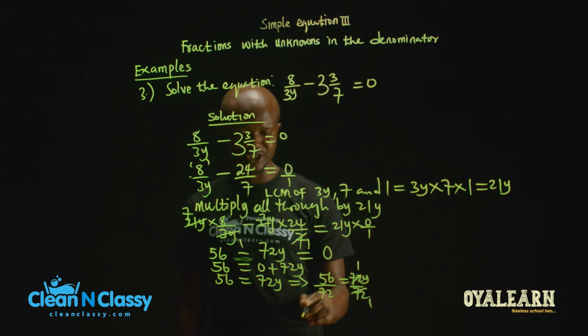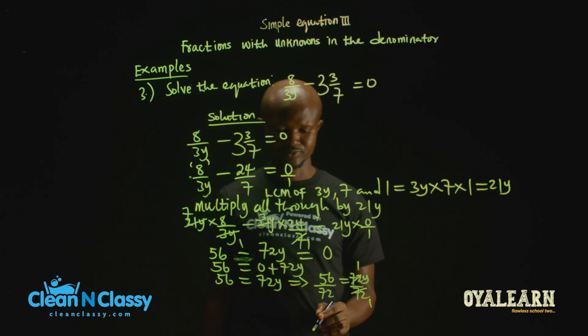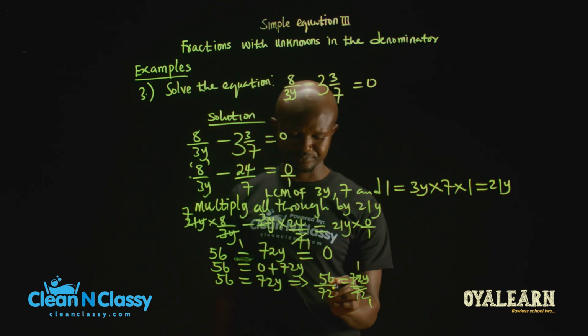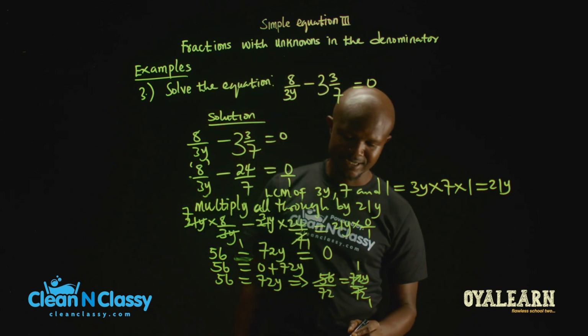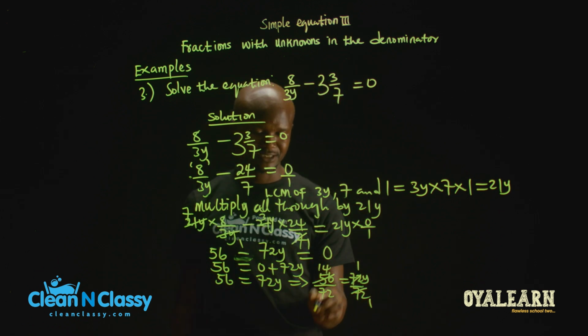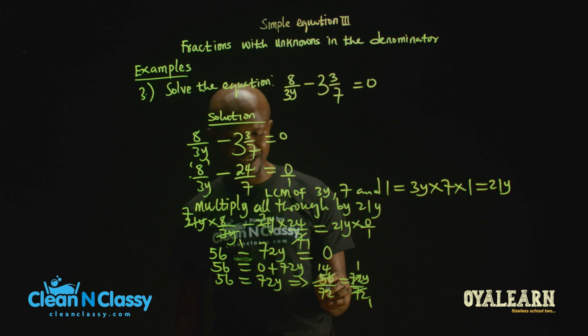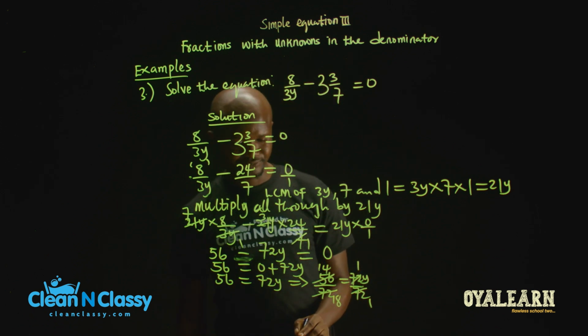Now, how do we reduce 56 divided by 72? We can use 4 here. 56 divided by 4 will give us 14, and 72 divided by 4 will give us 18.